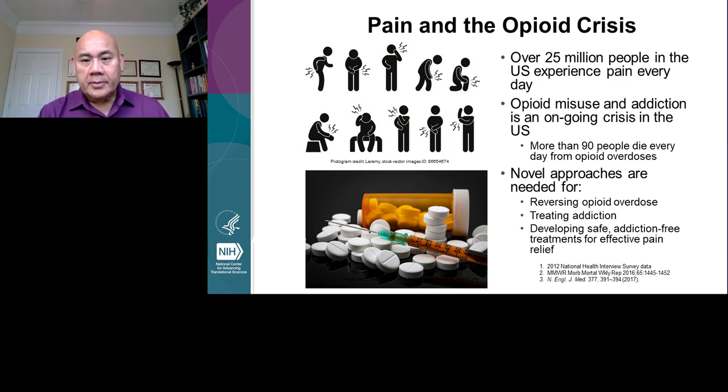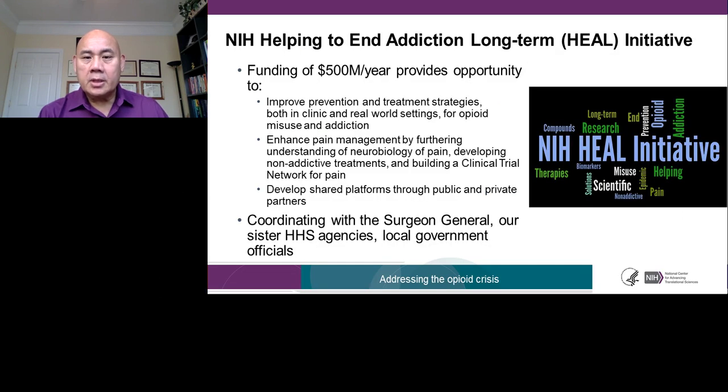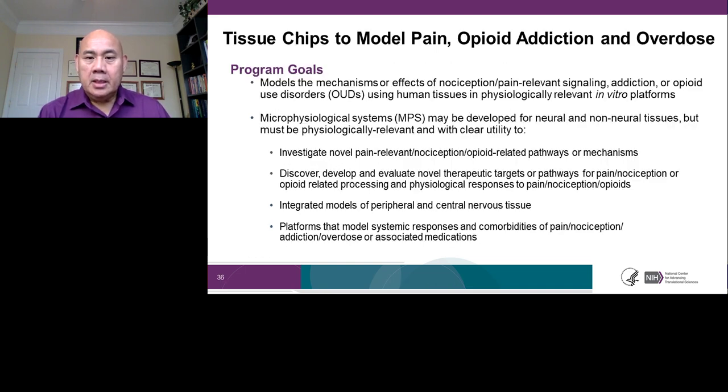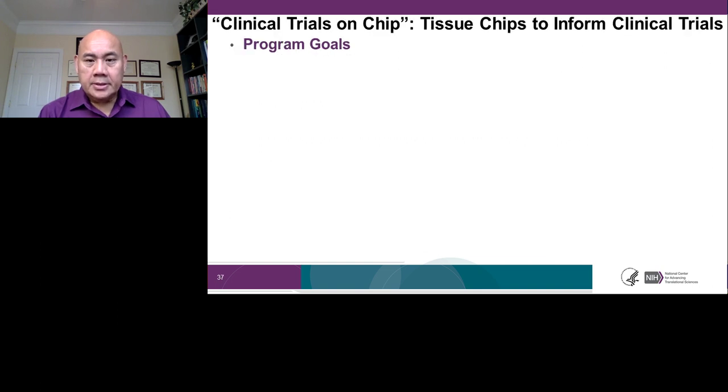So this is something that the NIH has focused on, and essentially was given $500 million a year by Congress to look at this crisis. And so the NIH created a new program called HEAL, which stands for Helping to End Addiction Long-term. And essentially, tissue chips was able to get some money to use tissue chip technology to model pain, opioid misuse, as well as overdose. And so that is the subject of the current solicitation.